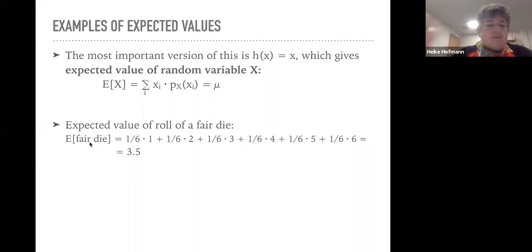It would probably make more sense if this was either a 3 or a 4, but the expected value is just a number, and sometimes these numbers for discrete random variables are not part of the sample space or the outcomes of the variable X. So just to make you aware of that. 3.5 only means that if we roll a die 100 times, sum up all of those outcomes, and divide by the number of rolls, then that number should be very close to 3.5.